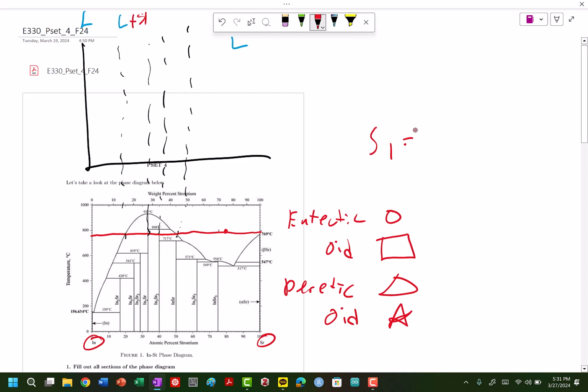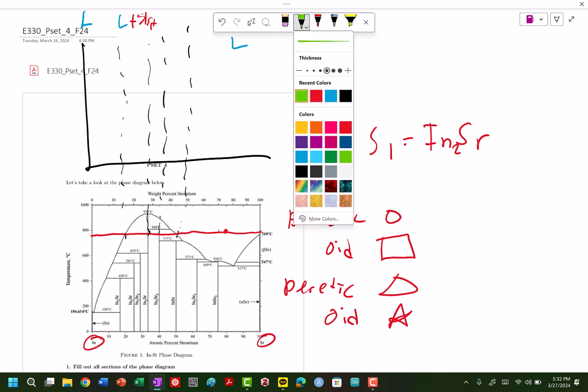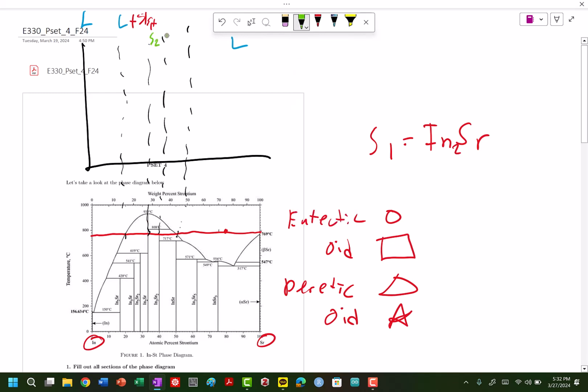S1 is going to be equal to In2Sr. So that's solid 1. This will be solid 1 plus solid 2. That solid 2 will be this guy, In3Sr2, and then that's going to be S2 plus liquid.